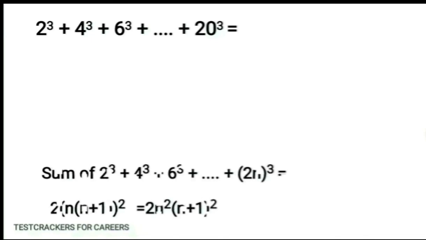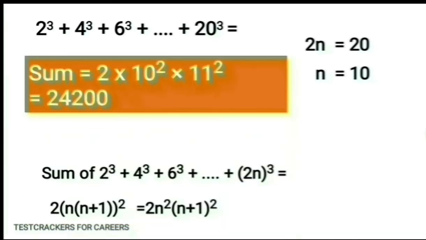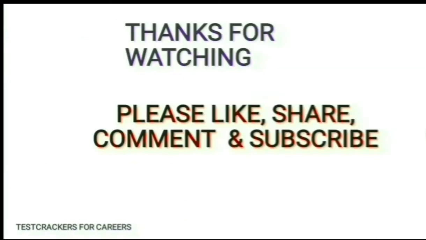We know that the sum of the series is given by 2n square into n plus 1 the whole square. Here n is equal to 20 divided by 2, which is 10. The sum of the series is given by 2 into 10 square into 11 square, which is equal to 24200.